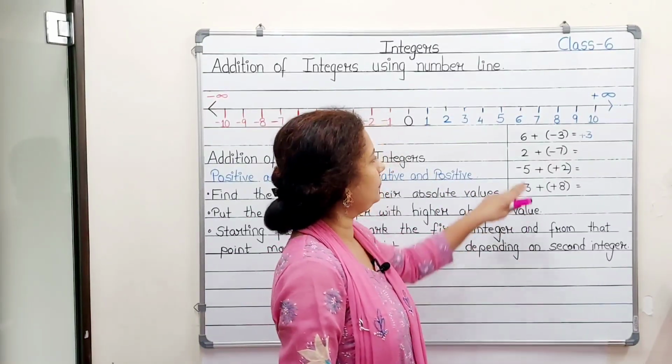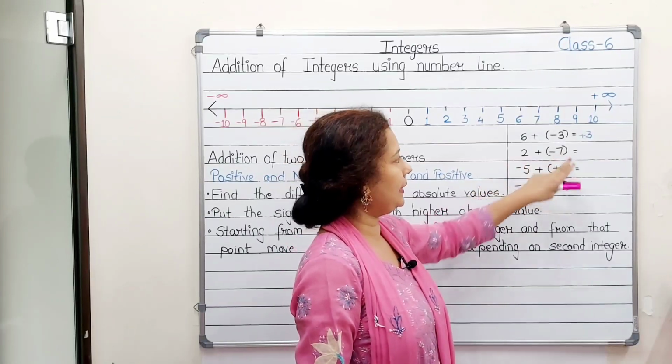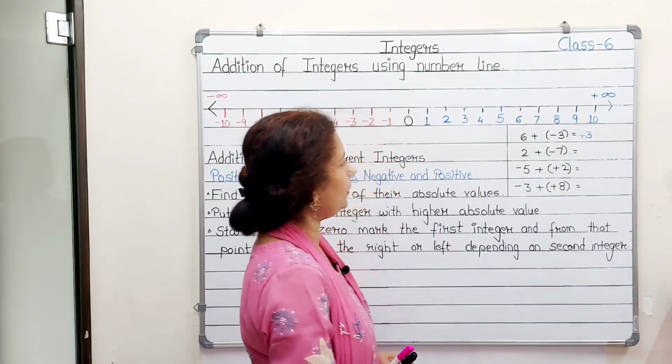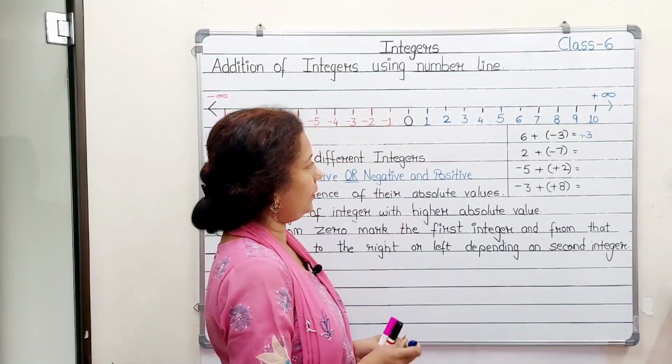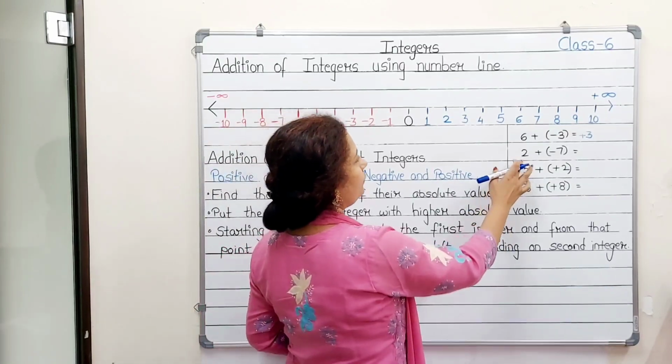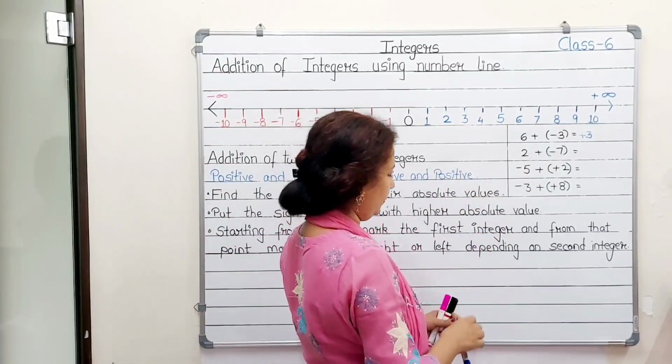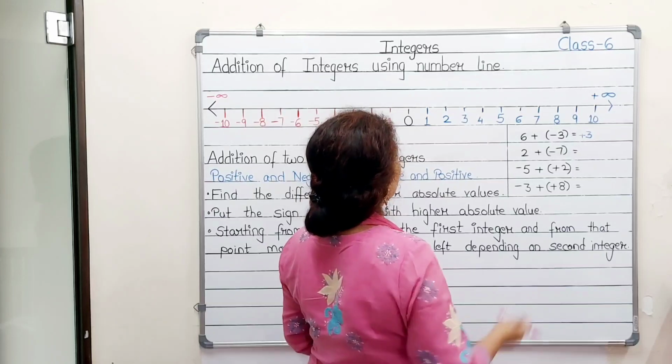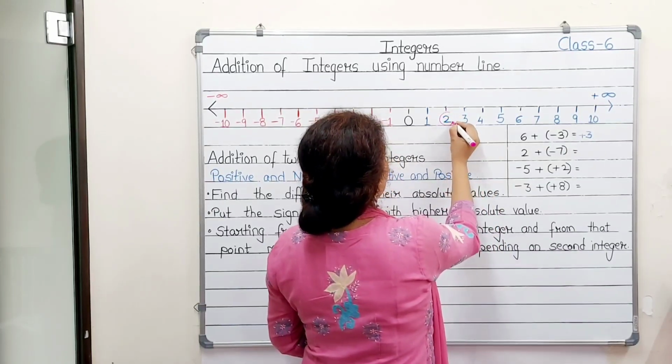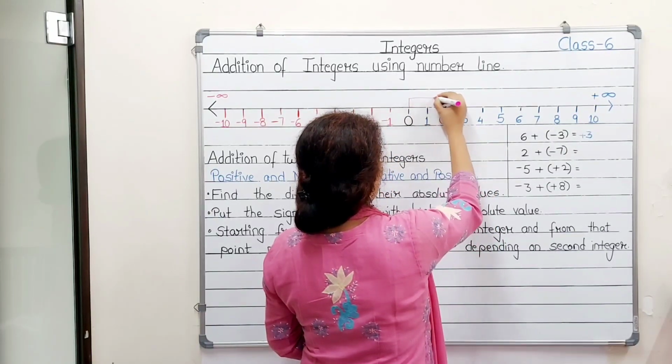Second example, 2 plus minus 7. Again we will start from 0 and mark the first integer, that is 2.